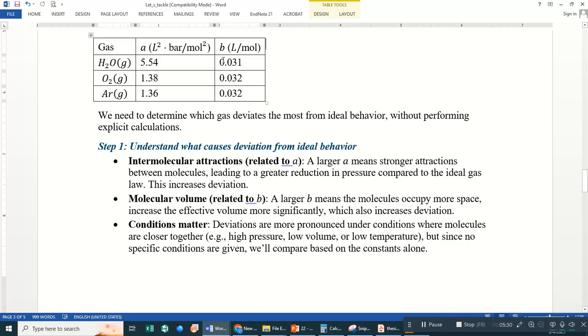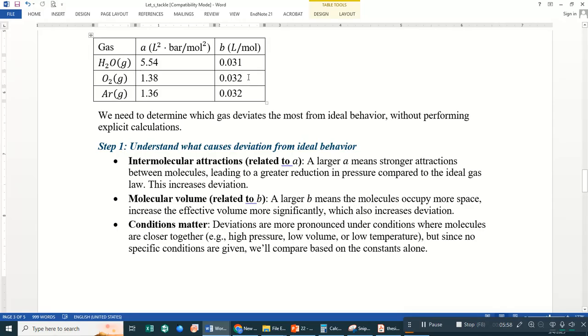The value of b for water gas is 0.031, and for oxygen 0.032 and 0.032 for argon. It means for oxygen and argon, the values of a are about similar and the values of b are about similar.